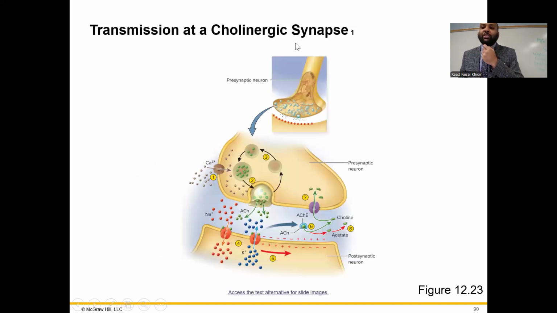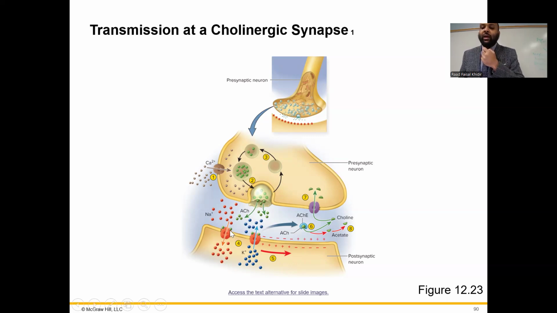So that's the transmission of the cholinergic synapse. An action potential comes at the presynaptic neuron, leading to the influx of calcium. Calcium influx causes the exocytosis of acetylcholine vesicles, and this acetylcholine diffuses through the synaptic cleft and binds to the postsynaptic receptors.